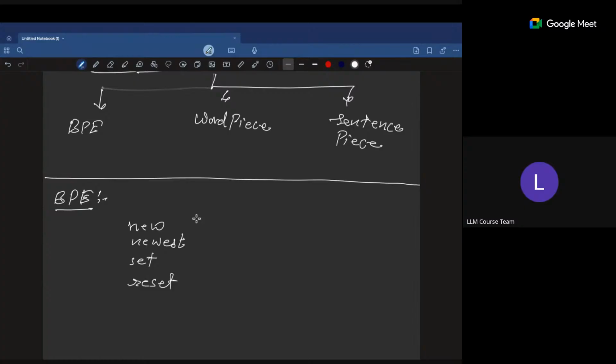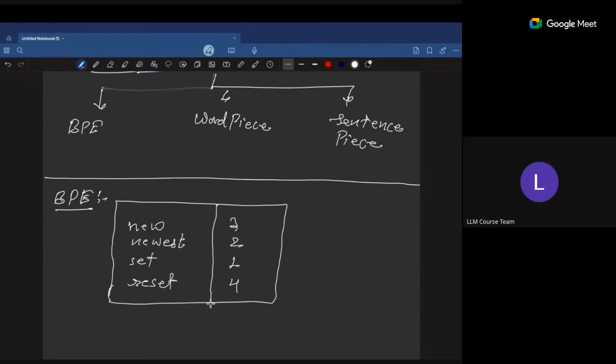These are the unique words, and their counts we also take from the corpus itself. Let's say new occurs 3 times, newest occurs 2 times, set occurs 1 time, and reset occurs 4 times. This is my very tiny corpus. Now these are my tokens, the words, and you have their frequencies as well.